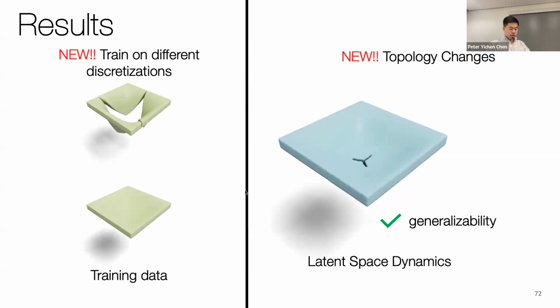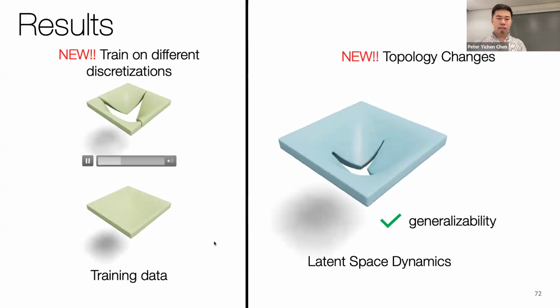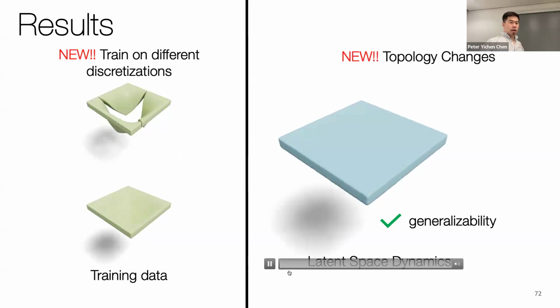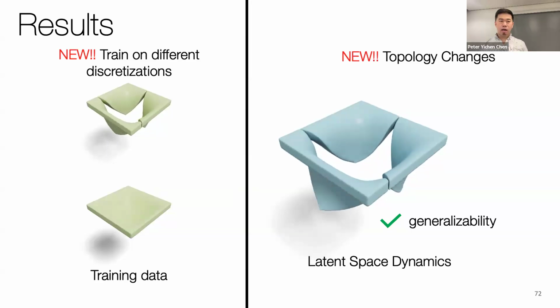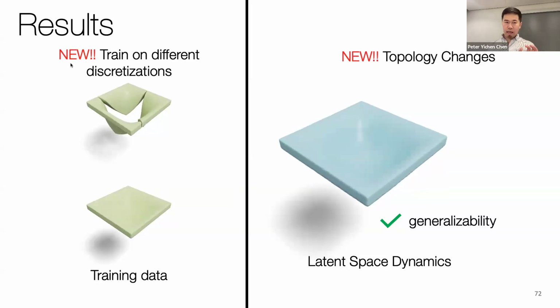Okay, so let's see some results. Here, we show that we can train on different discretizations. This is fractured, not fractured, right? Again, traditional reduced order models cannot even train on this kind of data. So even just training on this data is a new capability.